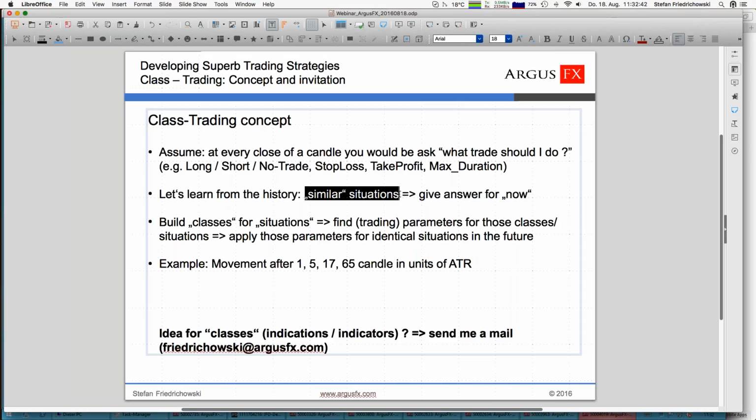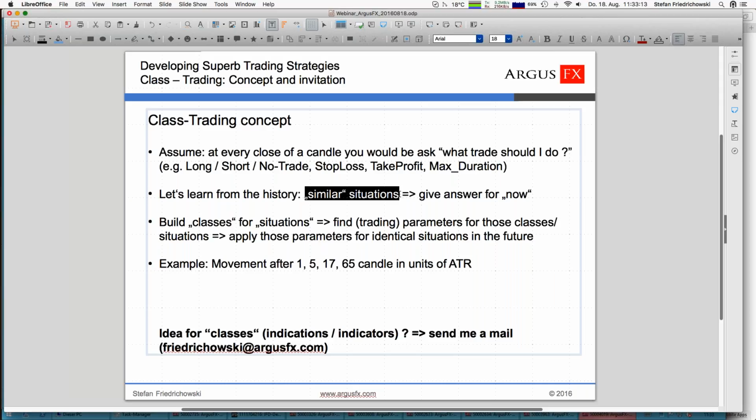And what I want to do here is I want to build classes for situations. So think about candlestick formations, then you have a specific class, like three white bars in a row. I forgot the name, and all those nice formations. Lots of them have specific names.